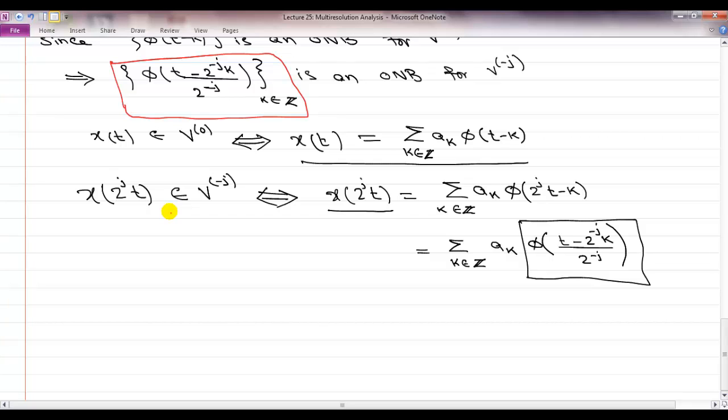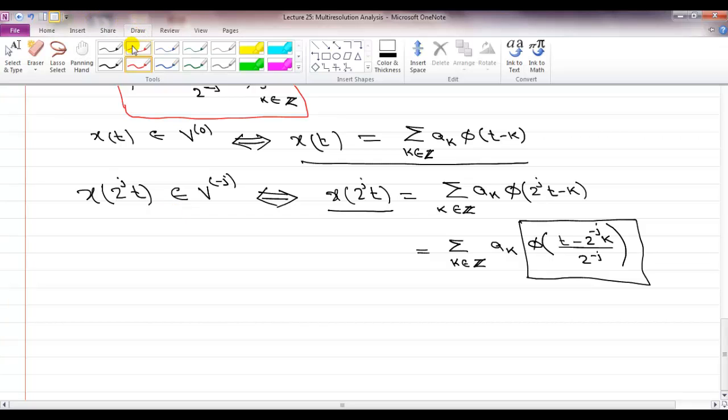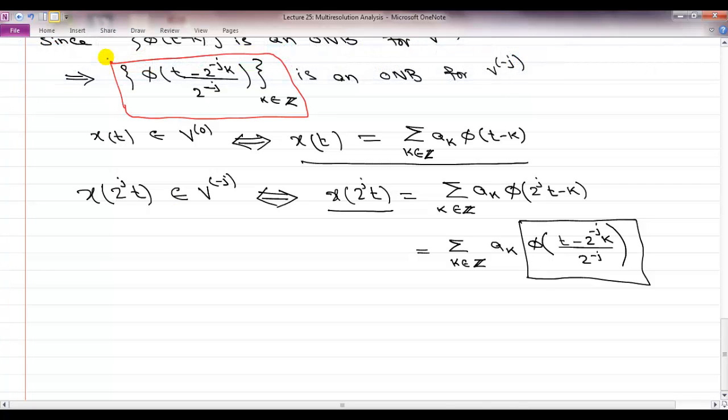Now, in the previous discussion that we had about wavelet transform, we said that if it has that two-scale relationship, then it ends up being an orthogonal wavelet transform. It turns out that the definition of multi-resolution analysis itself gives us that two-scale property.